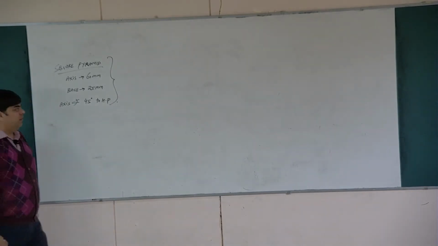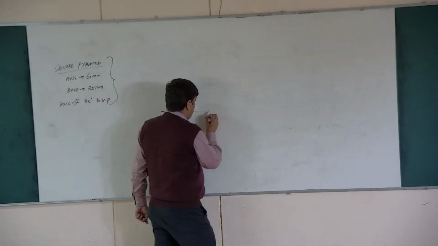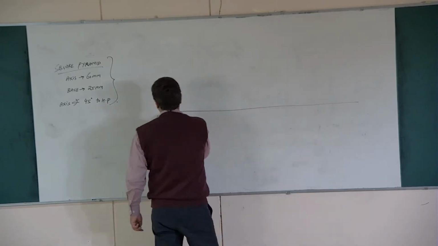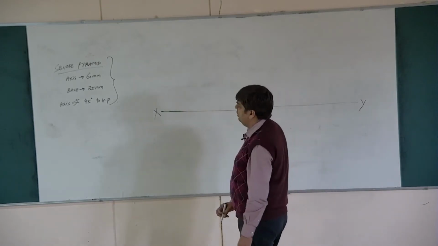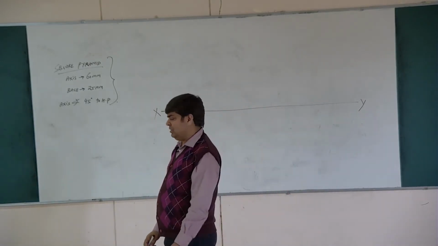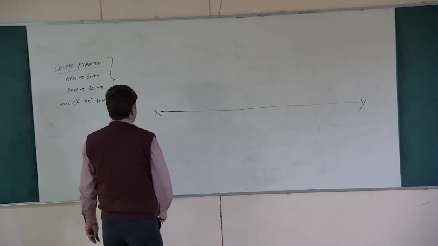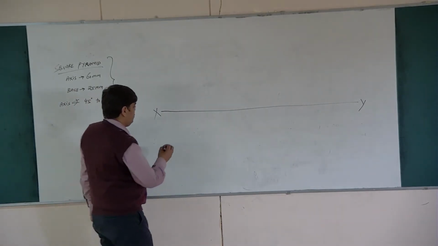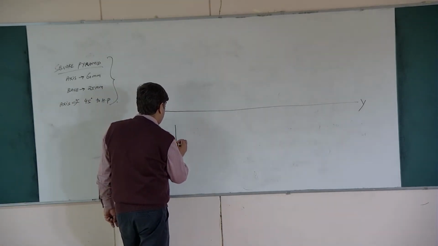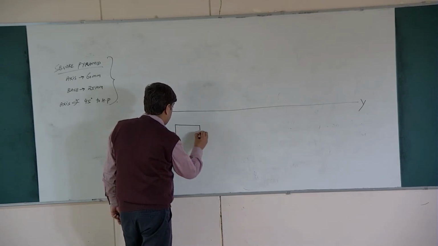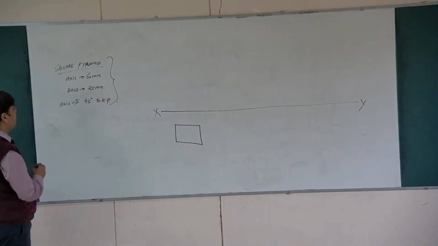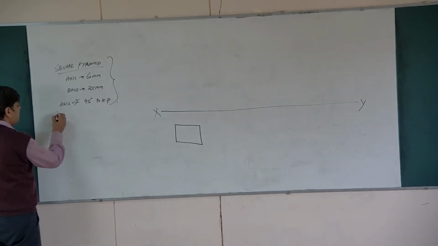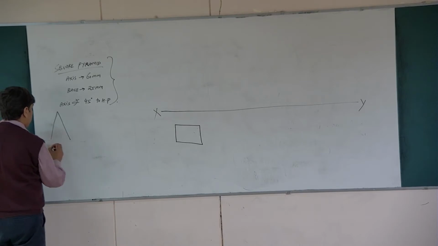So what I'll do, we'll draw the XY line first. It is resting on one of the edges of its base in the horizontal plane. When we say square pyramid, it is something like this. Front view will be like this and top view will be this. This will be its base.